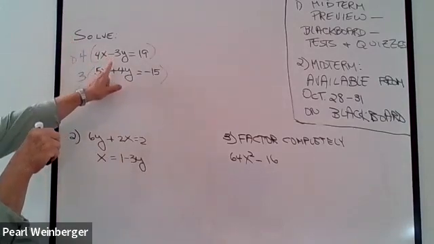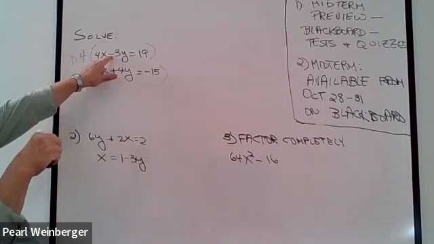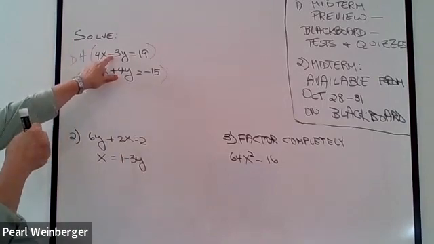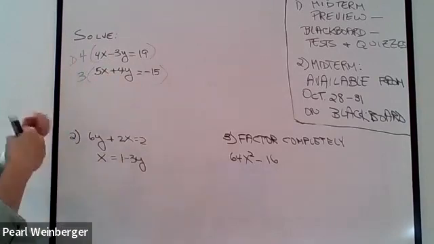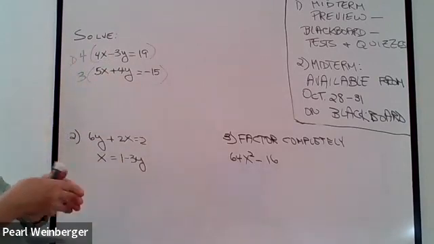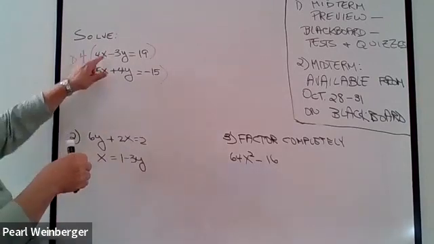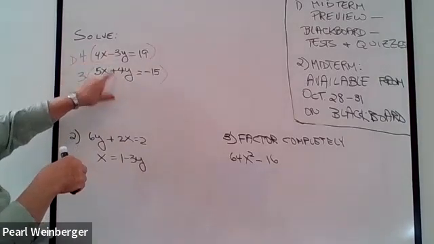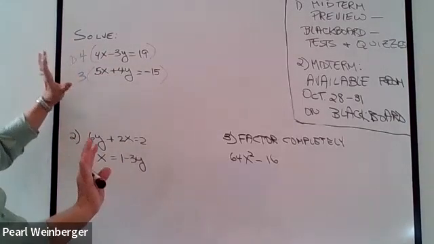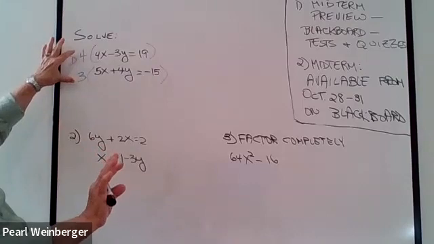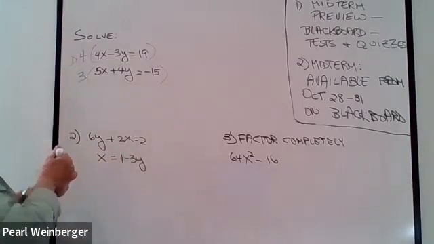Then I go back and I look at the signs. I need one of them to be positive and one of them to be negative so that when I add them, they'll cancel each other out. I already have that these are opposite signs, so I don't want to change the signs at all. So I'm just using the positive 4 and the positive 3.